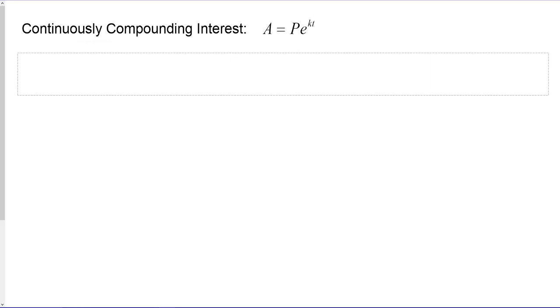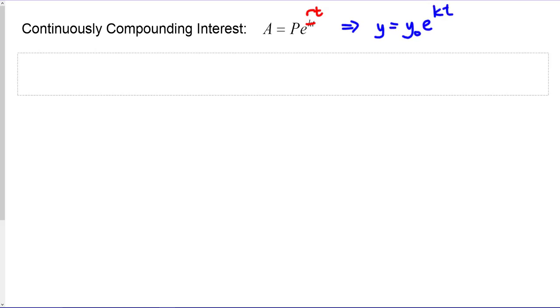Here's another example. This is continuously compounding interest. If you've ever worked with interest equations, you've probably seen the continuously compounding interest formula, which is A equals P e to the r times t. And it actually looks extremely similar to the model that we've been using, y equals y sub 0 e to the kt.